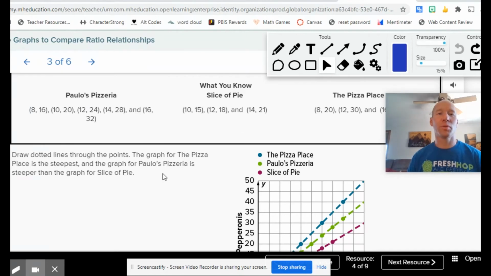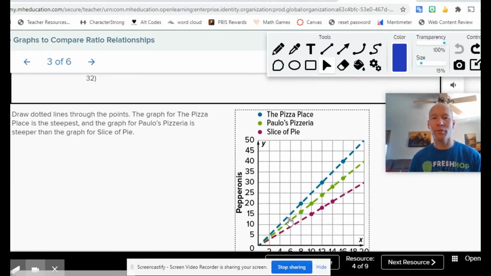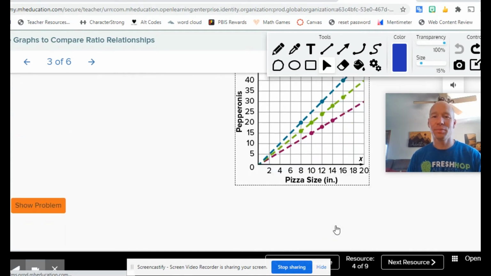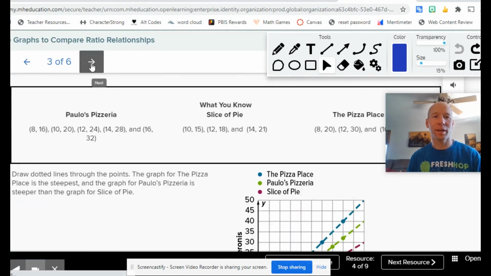Draw dotted lines through the points. The graph for the Pizza Palace is the steepest, and the graph for Paolo's Pizzeria is steeper than the graph for Slice of Pie. So the Pizza Palace, just like we said at the beginning, has the steepest line, which means the most pepperonis based on the size of the pizza. We're going to go to the next slide.